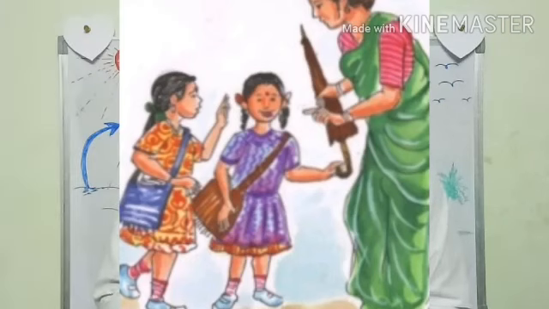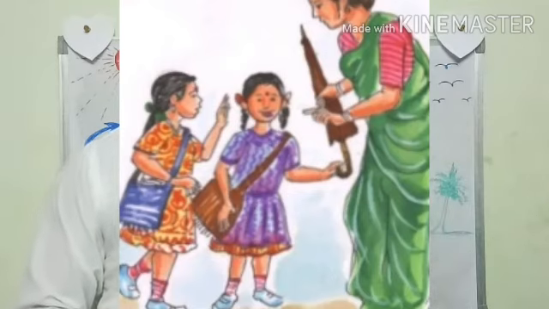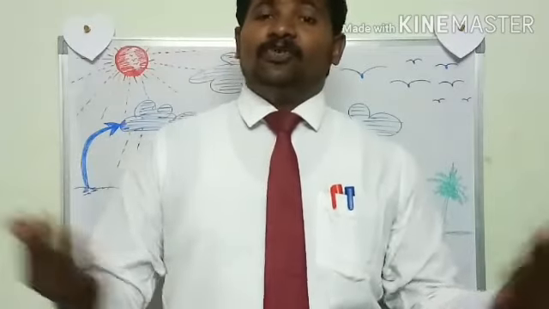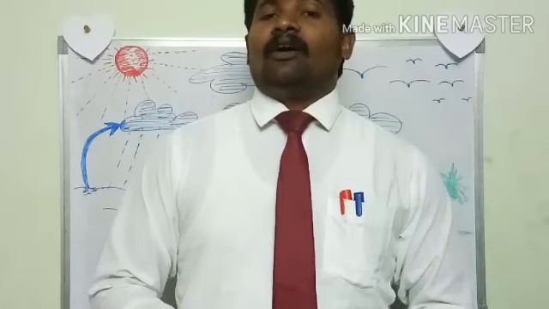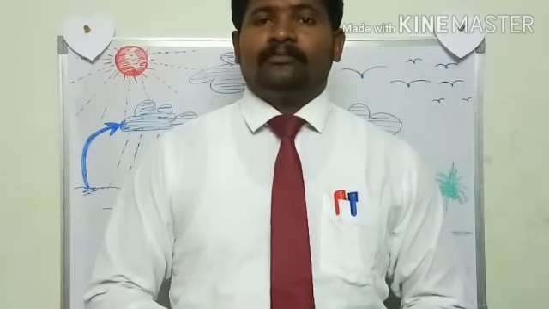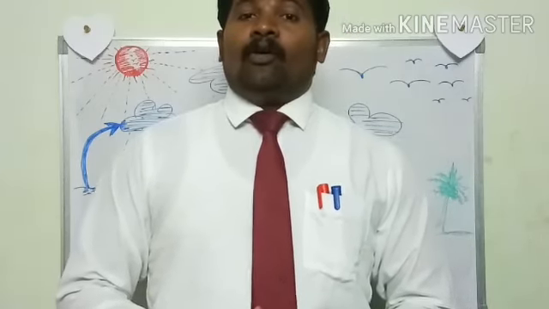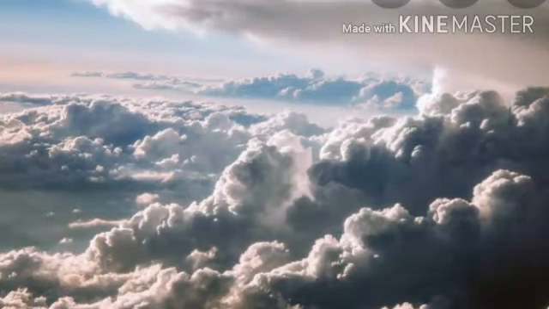Then these two children looked at one another and wondered about what their mother said. Why do we get rains? How are the clouds formed? Are all the clouds that are formed in nature causing rain? Why are we getting the rains in a particular season?